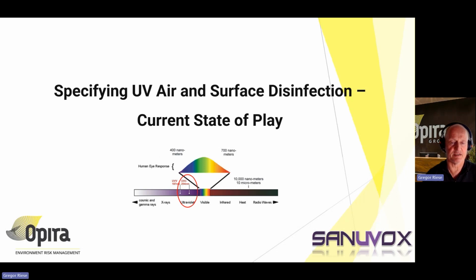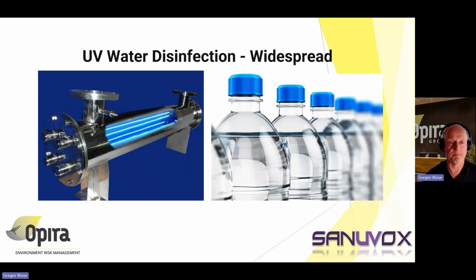The UVC wavelength that we're particularly interested in is 254 nanometers. There's another UVC part of the spectrum, which is even higher power, 187 nanometers, which I'll touch on. But the dominant wavelength we're talking about is 254 nanometers.